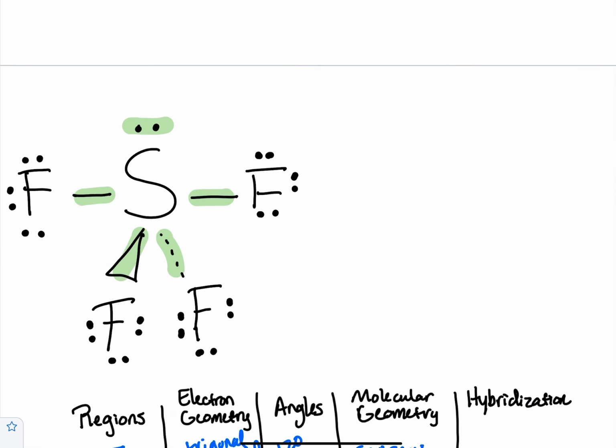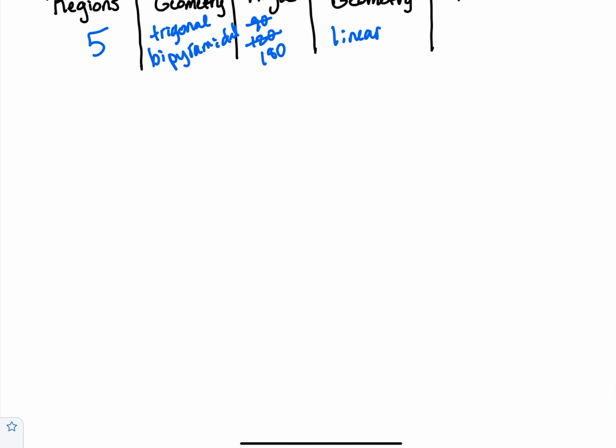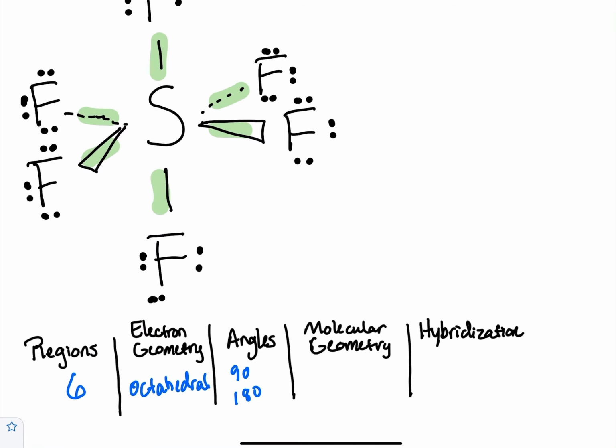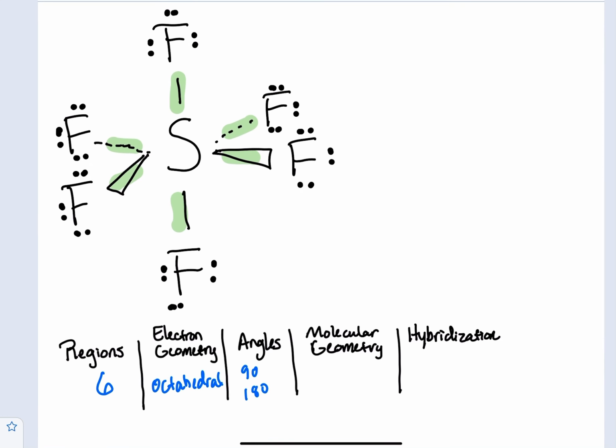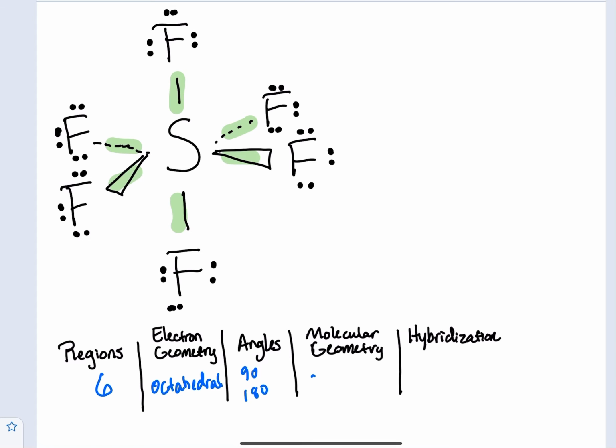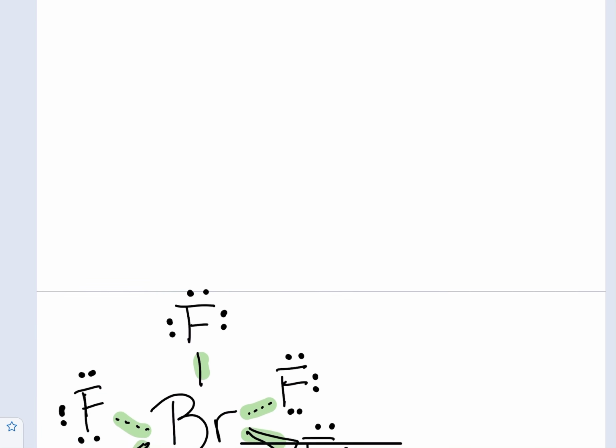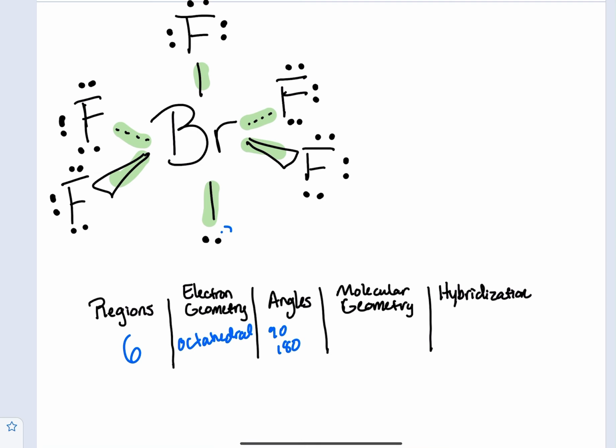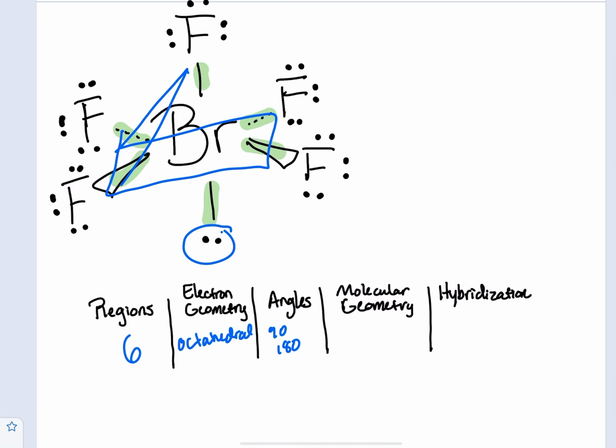All right, so now I'm going to move on to the octahedral shapes. So right here, again, without any lone pairs, the octahedral shape is still just octahedral. Now we've got a lone pair right here. And so the shape this ends up being, you've got a square right here, and you're going up, and it's a pyramid.